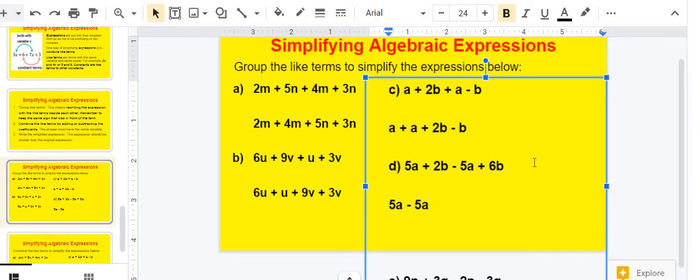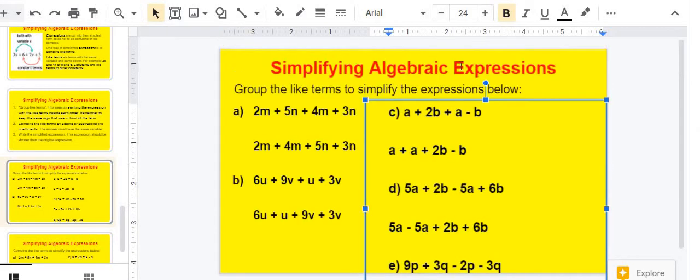The coefficients can be different, but in order for them to be like terms, they have to have the same variable. That is what is most important. The same variable and the same power. Okay, so 5a and 5a are like terms, and you notice that I put the minus sign in front of this 5a when I'm rewriting my expression. And I am going to write 2b and 6b beside each other because those two are like terms.